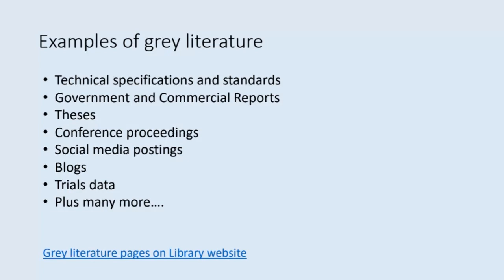Again, it does depend on how you are going to use that data, whether you would consider it literature or not, or whether it's just for background. We've got trials data. Trials data often makes its way into the published journal literature, but sometimes it doesn't. Sometimes it is just published, for example, by large pharmaceutical companies, and it may also be held in trials registers.